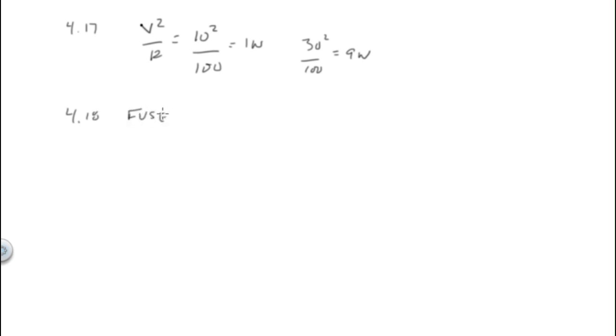The fuse is going to be greater than I. So the I short circuit would be a shorted load. So it's equal to a little more than 15 divided by 1K, or 15 milliamps. So it has to be a little bit bigger than 15 milliamps.